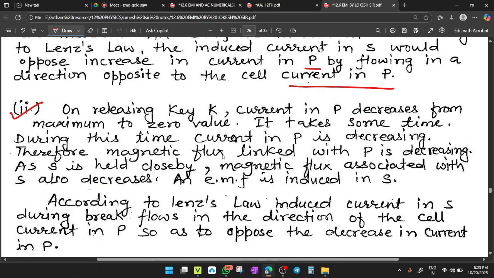So on releasing key K, current in the coil P decreases from maximum to zero value. It takes some time. During this time, current in P is decreasing. Therefore, magnetic flux linked with P is decreasing, and S is held close by. Magnetic flux with S also decreases, and EMF is induced in S. According to Lenz's law, the induced current in S during break flows in the same direction as the cell current in P, so as to oppose the decrease in current.